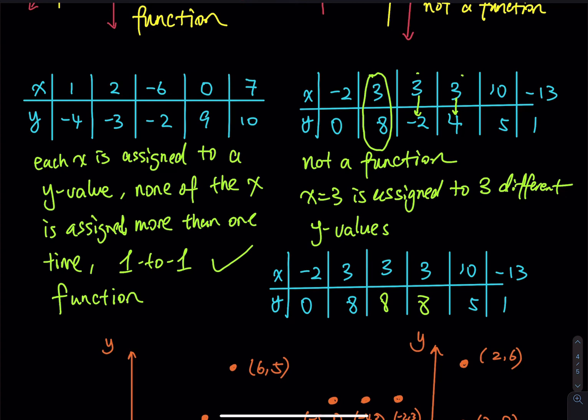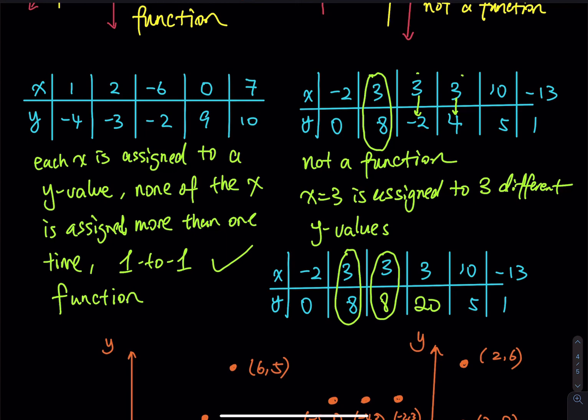But if you change the problem again, let's say to 20, is this still a function? The answer is no. So this is how I check it. 3 is assigned to 8, good. And then 3 is assigned to 8 again. That is okay, because if you graph this, you have 3 comma 8, and then you have another point on top of this 3 comma 8. So that is completely fine.